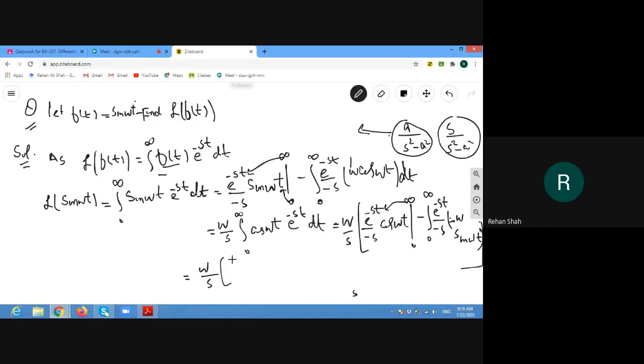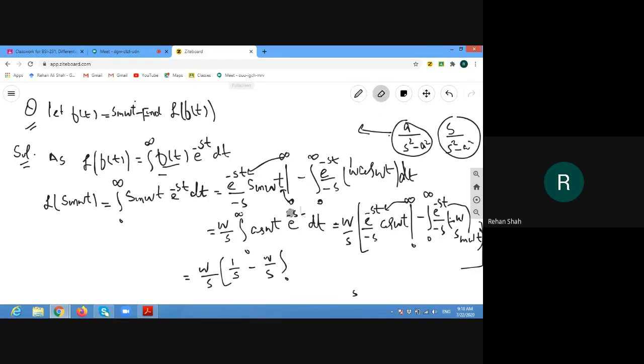This will give you 1 over s. And this will become minus, minus, minus. This is minus omega by s, and the result is 0 to infinity. And this is actually the product of these two functions, मैं एक step छोड़ के कर रहा हूँ.